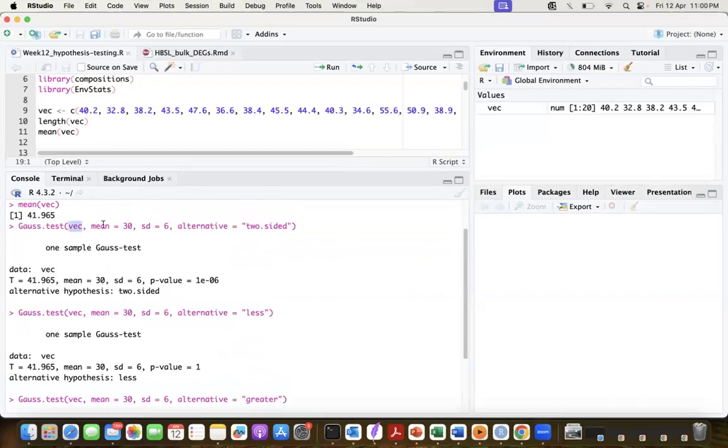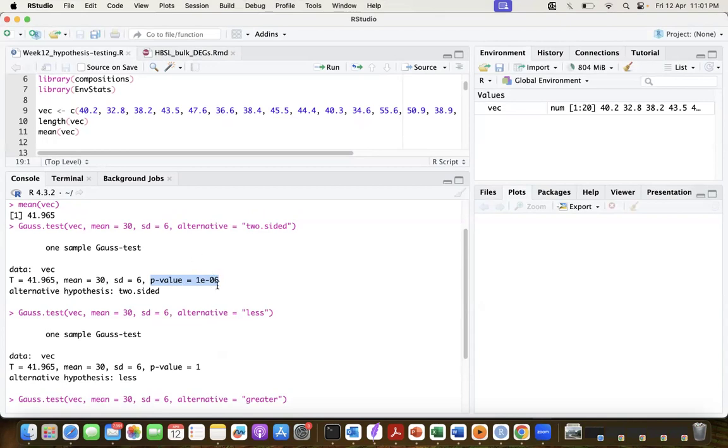We give the vector, we give the mean that we want to check, we give the standard deviation of the population, and we have cases like alternative, less, and greater. When it's two-sided, the value that you see here is the important value, the p-value. If the p-value is smaller than 0.05, we will reject the null hypothesis.